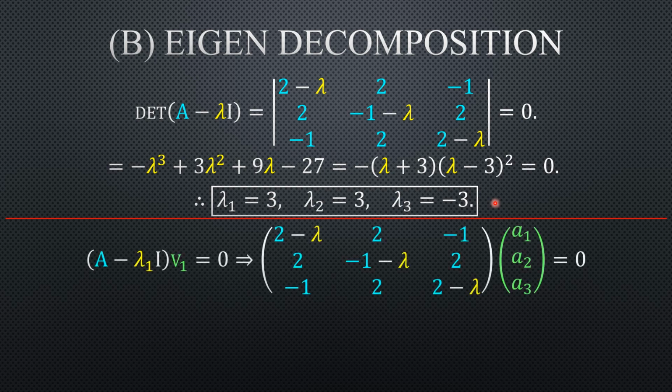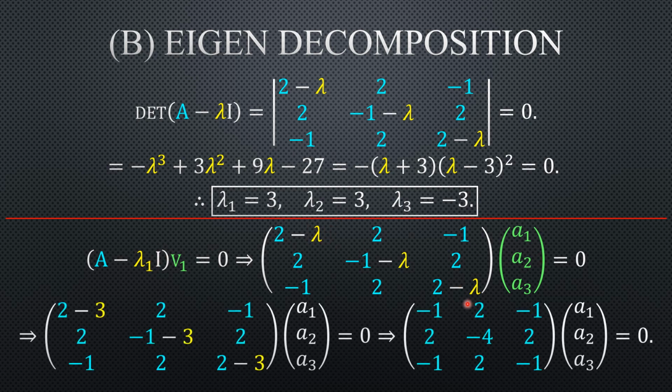So, substituting them into A71, the characteristic equation, we see that we have the matrix A minus lambda I times our vector here, the special vector known as the eigenvector. So once we put our lambda 1 in the main diagonal, we just put a 3 in. That'll cover both the cases for lambda 1 and lambda 2, which is how it makes it degenerate, because we end up with the same eigenspace on this one eigenvalue.